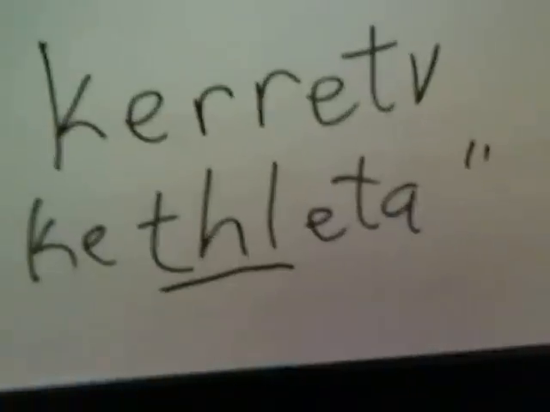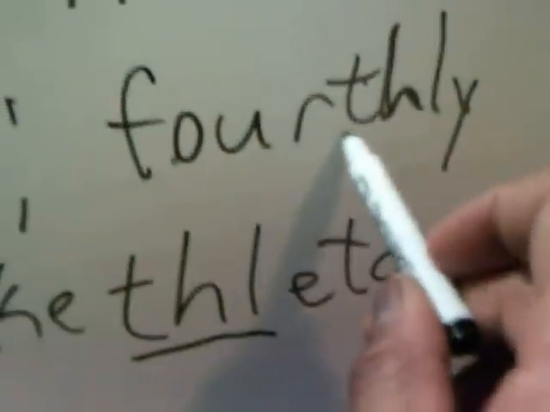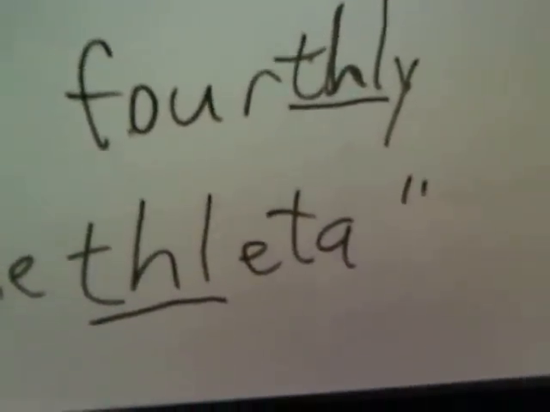It's kind of like the sound in the word fourthly. This is what one of the Mvskoke books calls the sound. Imagine this sound here sounding something like the THL sound in the word fourthly. Now here's the key which makes it sound correct in Mvskoke.